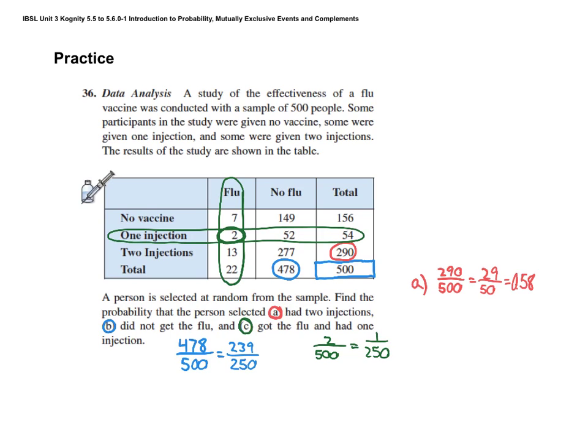Almost 300 of the people had 2 injections. 2 out of 54 got the flu, 13 out of 290, about 4%.